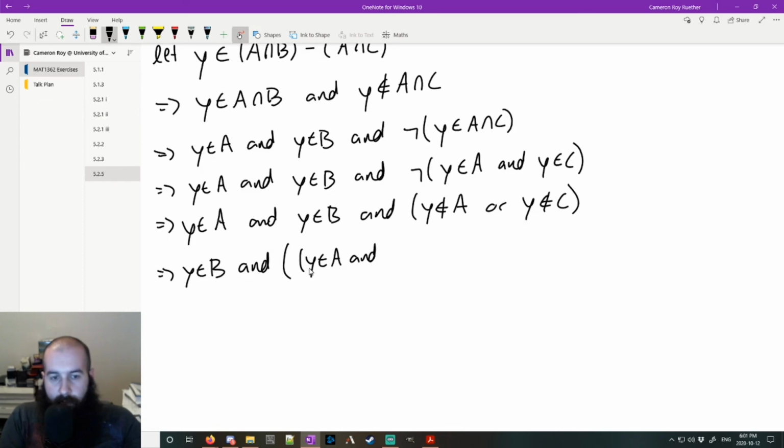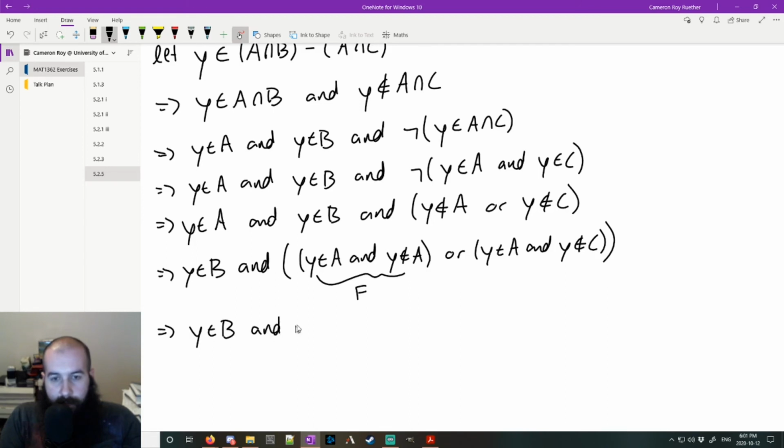So we get that Y is in A and Y is not in A, or Y is in A and Y is not in C. However, Y being in A and Y being not in A, this is always false, which means that the other part of our OR statement must be true. So we get that Y is in B and all we're left with is Y is in A and Y is not in C.